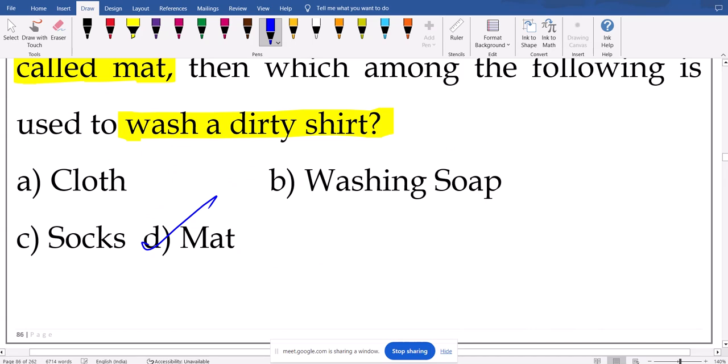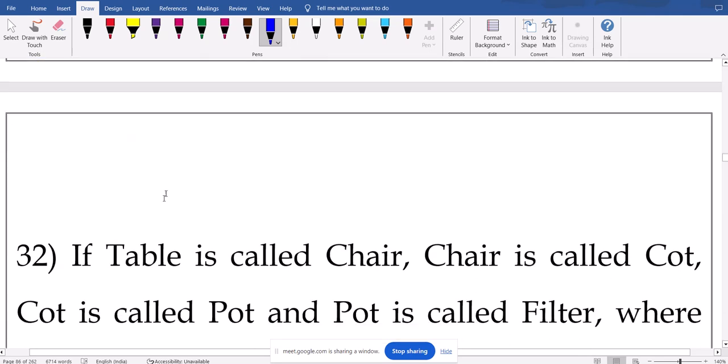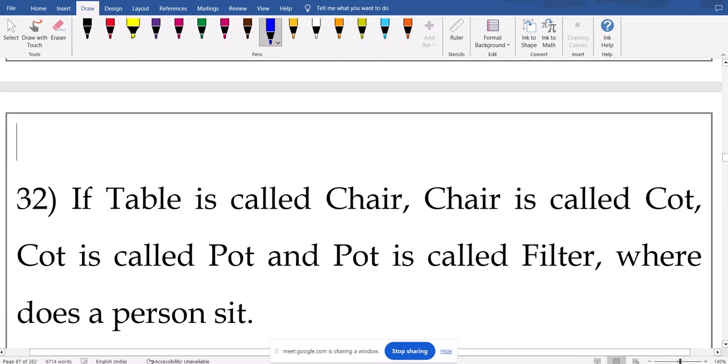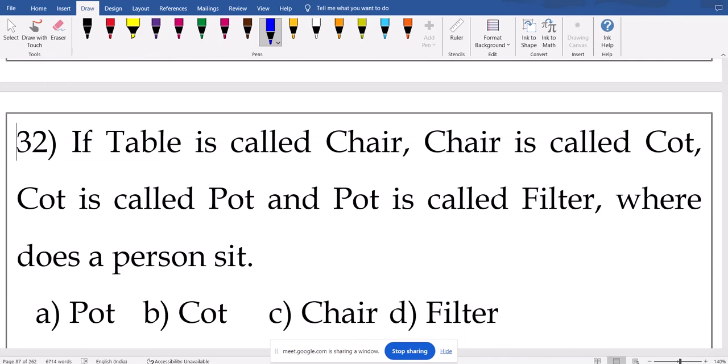Option D, mat. Next one, last line again: where does a person sit? In a chair. They have given it here as cot. So a person sits in a chair, which is given as cot, so we'll go with option B, cot.